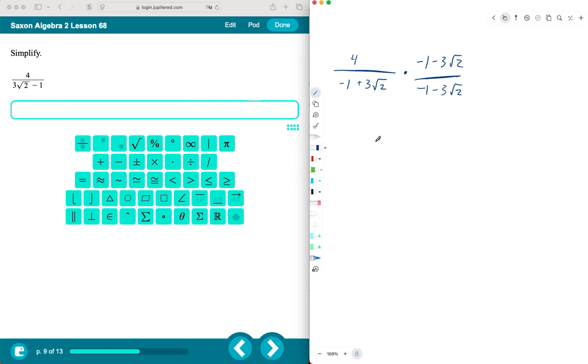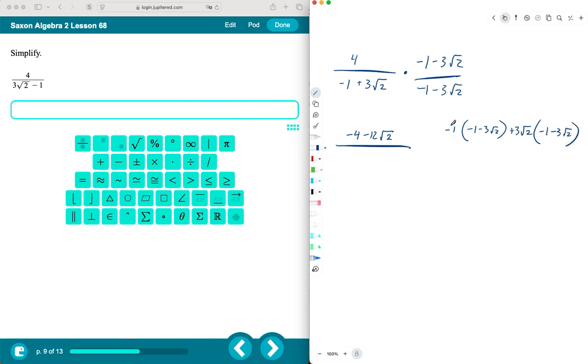So now we just multiply. So 4 times negative 1 is negative 4. 4 times a negative 3 is a negative 12, and that is still times the square root of 2. Now we're going to do this bit. So negative 1 times negative 1 minus 3 times the square root of 2 plus 3 times the square root of 2 times negative 1 minus 3 times the square root of 2.